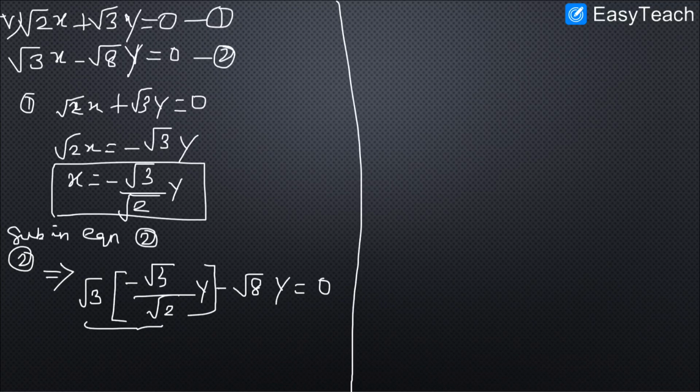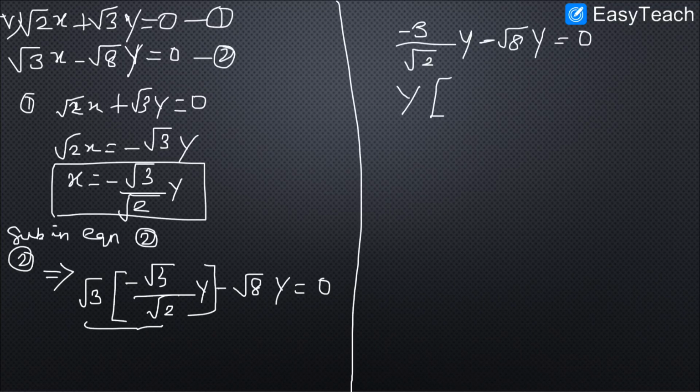So then next I multiply inside: root 3 into minus root 3 by root 2 into y, so minus 3 by root 2 into y minus root 8y equals 0.